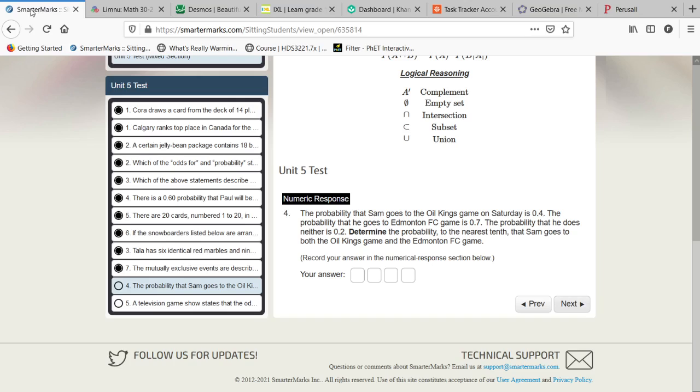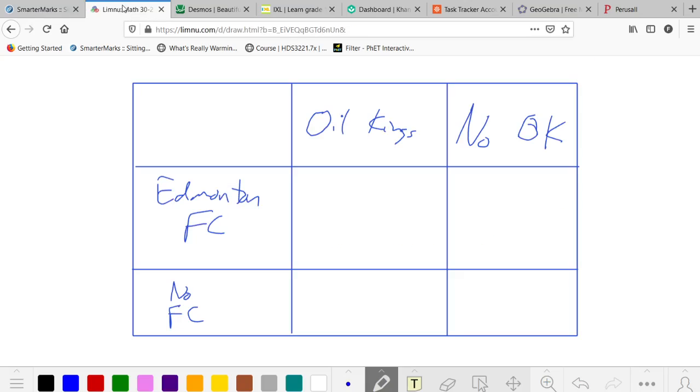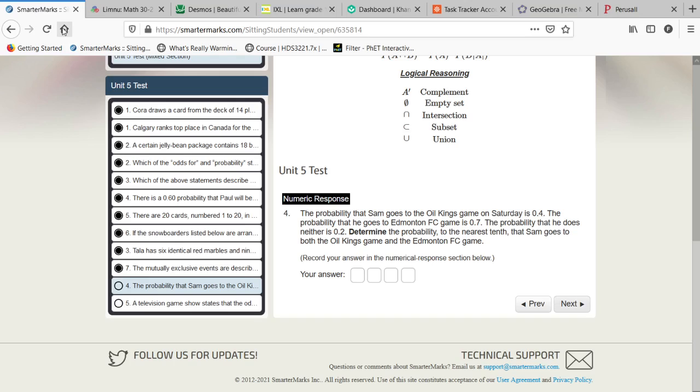Alrighty. So now we know the probability that he does neither is 0.2. So that goes in here. We also know the probability that he goes to the Oil Kings game is 0.4.